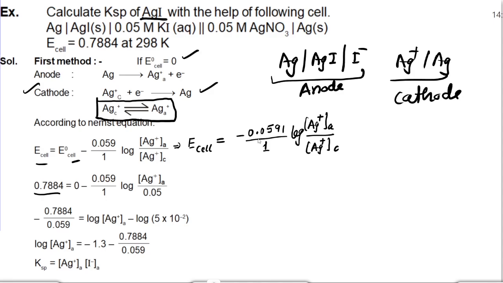So E cell is minus 0.0591 upon n log of Ag plus anode divided by Ag plus cathode. And Ag plus at cathode is 0.05. So in this way we get the Ag plus ion concentration, and Ksp is Ag plus anode into I negative anode. I negative anode is given.